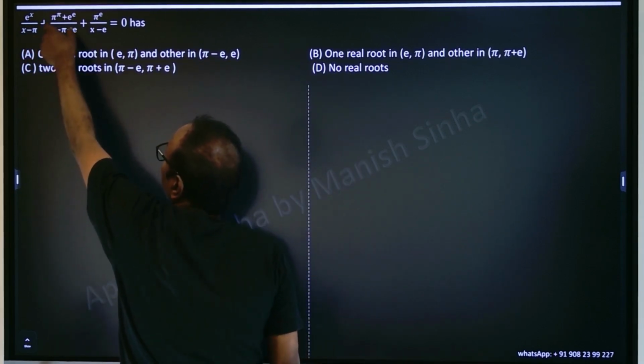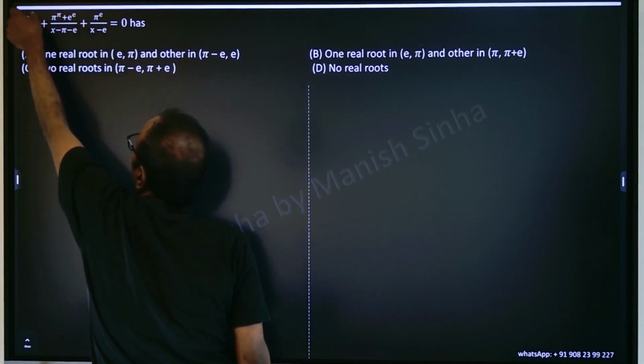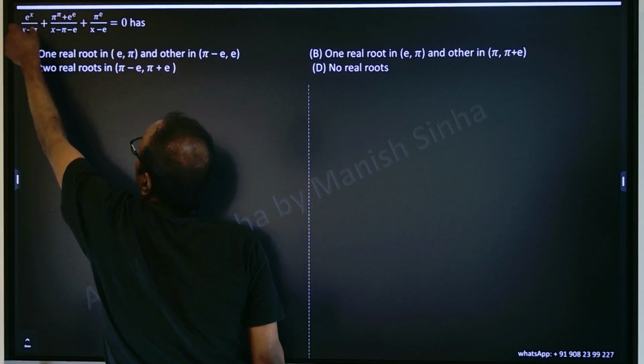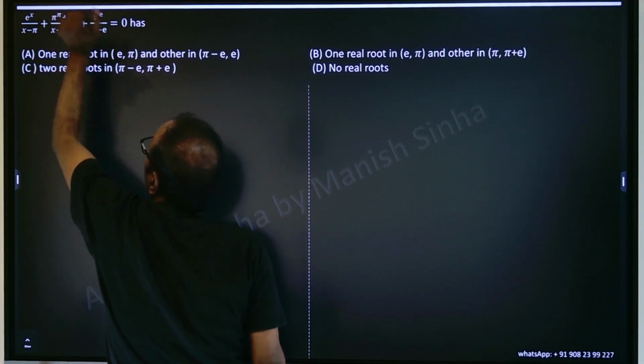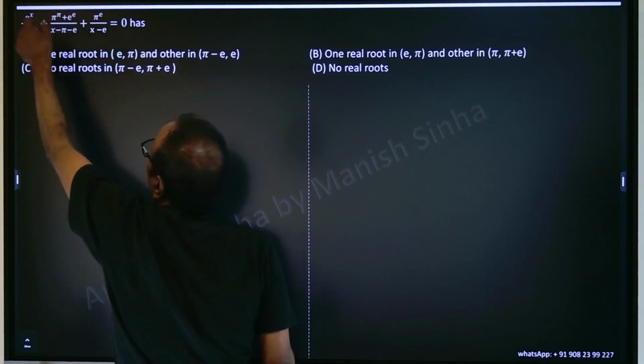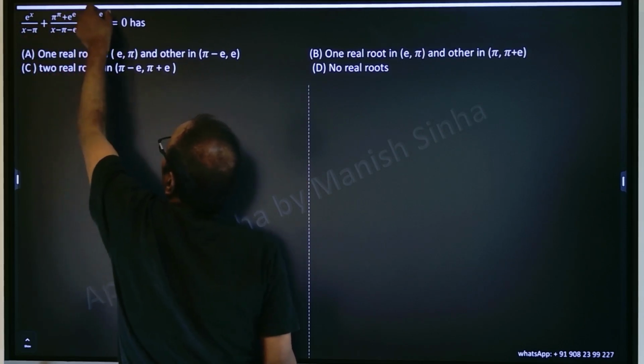Like these two will be multiplied here, these two will be multiplied here, then these two will be multiplied here.